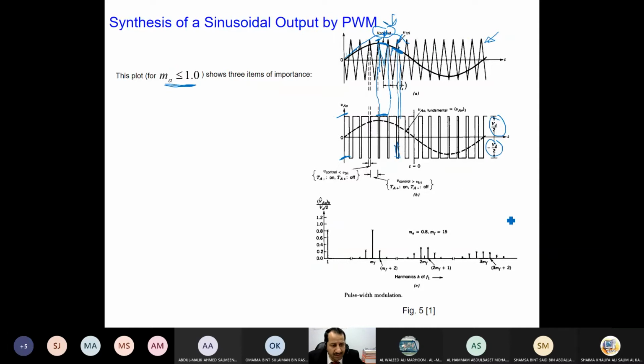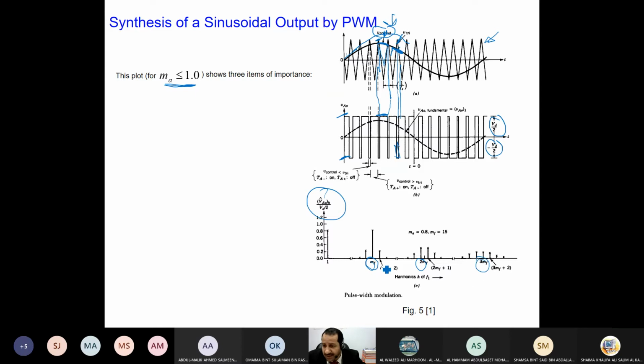Now, my harmonics here are plotted as the ratio of the peak of the fundamental to the input voltage, against the frequency of the harmonics. We will plot it in terms of the frequency modulation ratio, MF. It means MF, 2MF, 3MF.